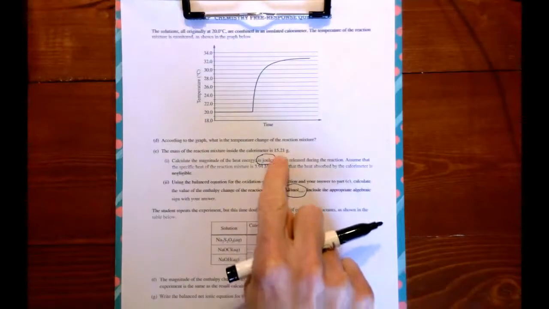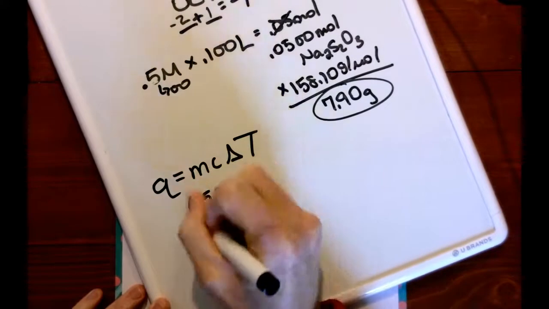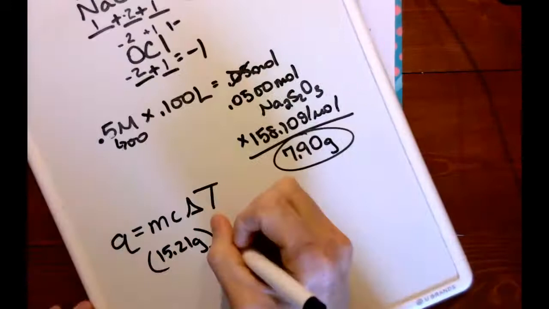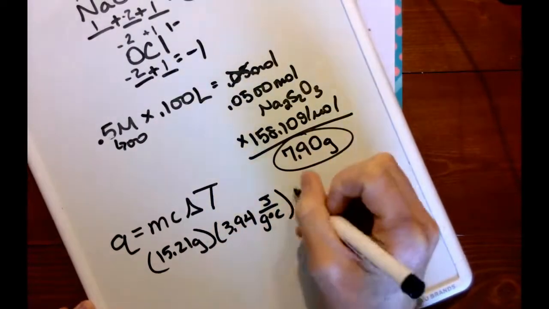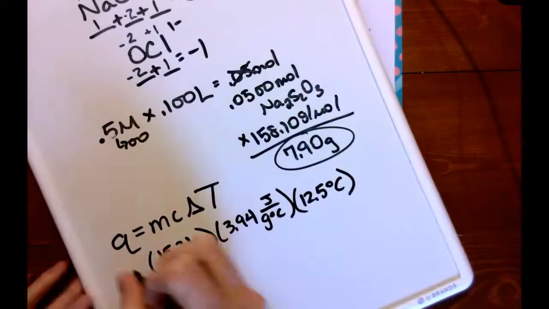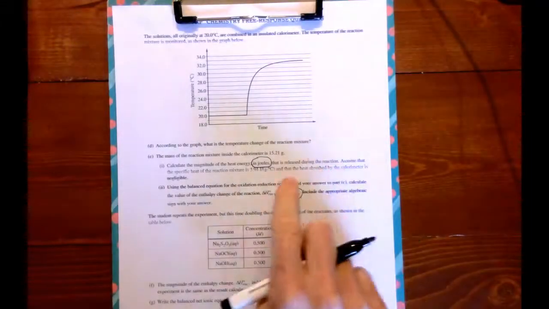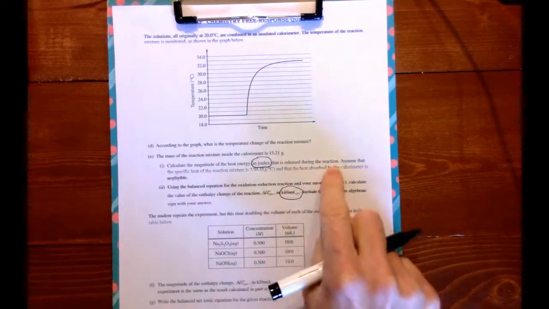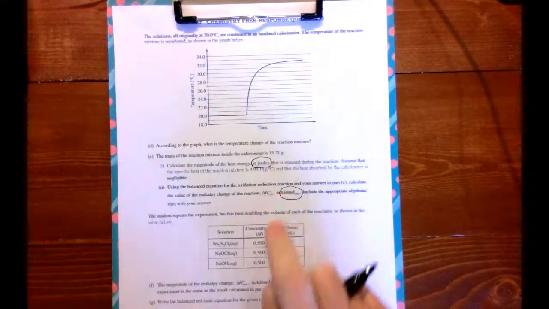So we had 15.21 grams, a specific heat value of 3.94 joule per gram degrees Celsius, and a change in temperature of 12.5 degrees Celsius. Now, notice this right here, we are just solving for the heat that is released, and it actually says released by the reaction. This is what happens for the temperature for the solutions in the container.